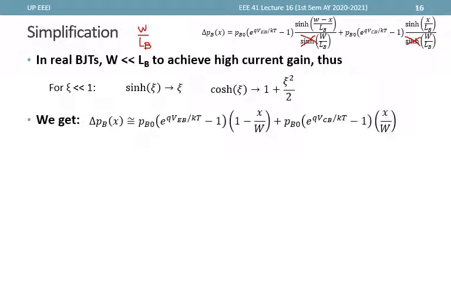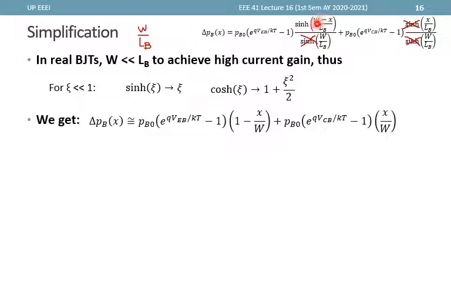Now note that, for example, this x over LB, x can only go from 0 to W, so the largest is W, but still W is much less than LB, and therefore we can also remove this sinh term here and just end up with the value inside the hyperbolic sine.